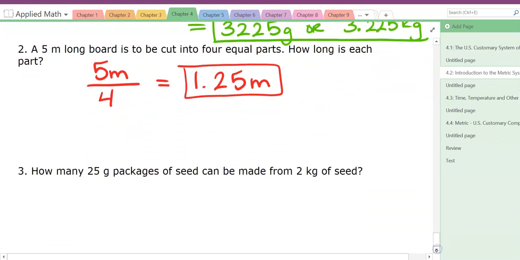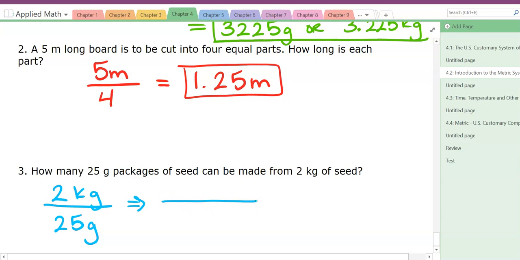Okay, last one. How many 25-gram packages of seed can be made from 2 kilograms of seed? So we're trying to take 2 kilograms and divide that by 25 grams. We got to get these to be in the same measurement first. How can I take kilograms and make it into grams? Move the decimal point.